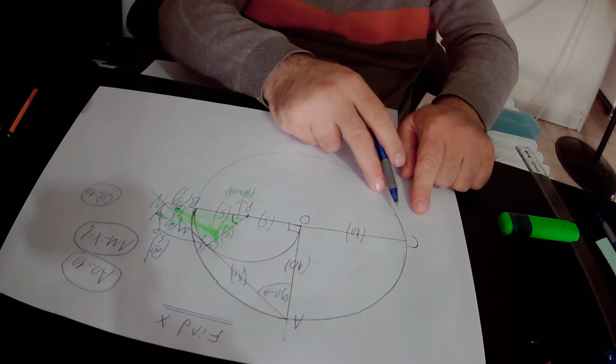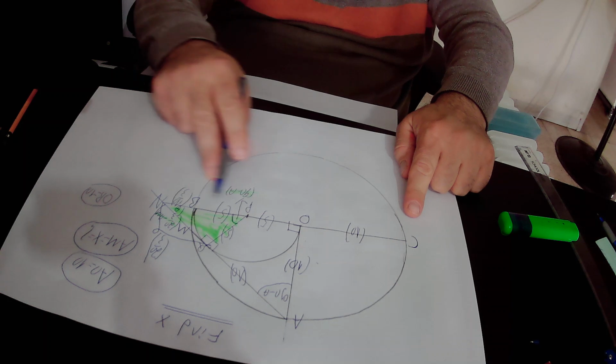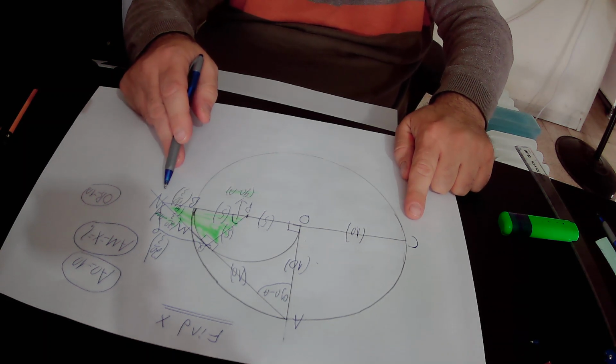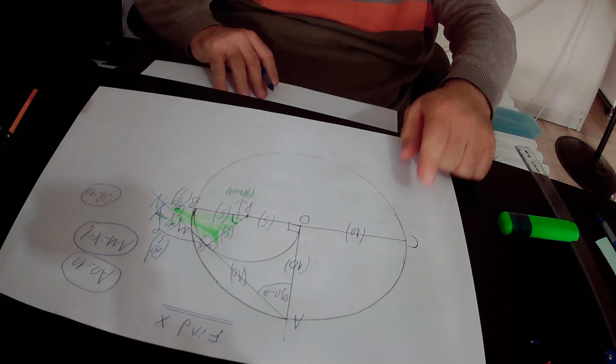So CN, or NC, in total equals 10 plus 5 plus 5, that is 20, plus 10 over 3. Again, CN in total equals 10 plus 5 plus 5, that is 20, plus 10 over 3.